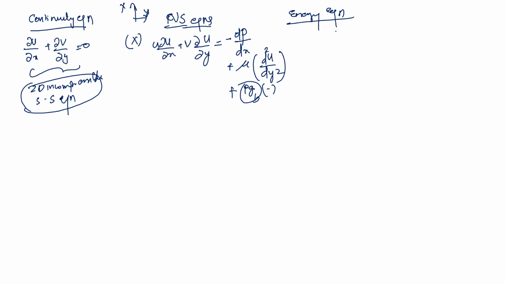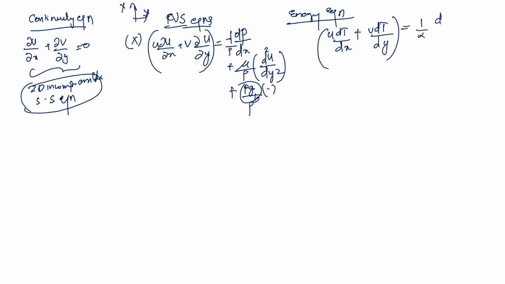Then the energy equation. What is the energy equation? Here we have to divide throughout by rho, because we have taken rho to the other side. So u dou T by dou x plus v dou T by dy is equal to alpha d square T by dy square, where alpha is equal to k by rho c, the thermal diffusivity.